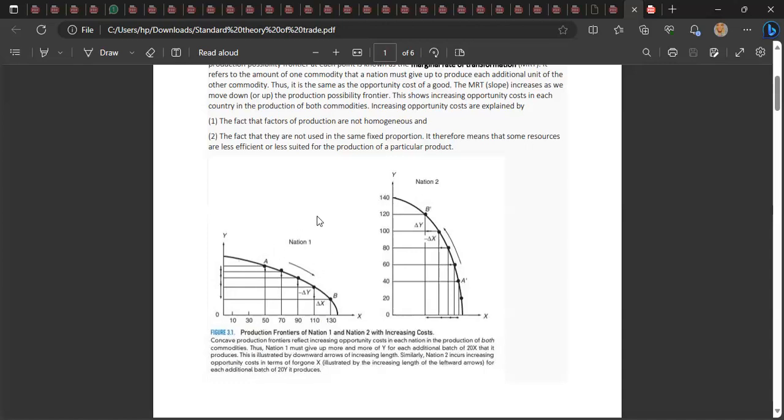When it comes to nation 1, we normally assume that nation 1 is labor abundant, and commodity X requires a lot of labor in its production, right? Hence, that's why you see the shape of the PPF is more inclined to the X-axis there. That's what that means.